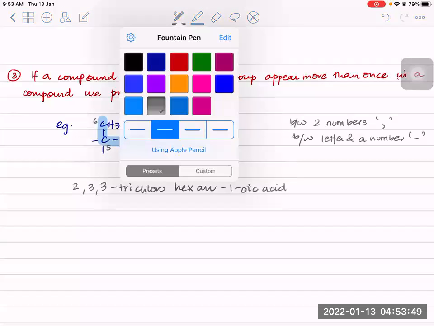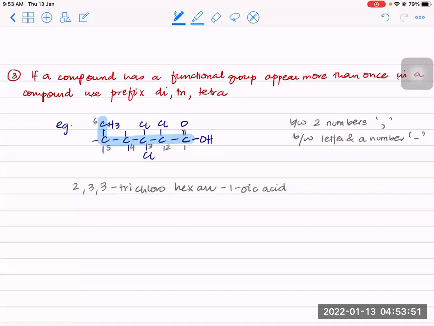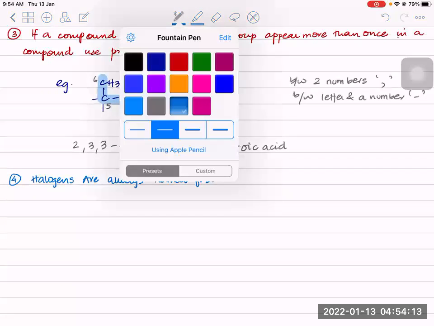Now, there's also another rule, which is that halogens are always named first. These are the least important, but they are always named first. If in a compound you have halogen and other functional groups, you always put the name of the halogen first. Clear? Let's see rule number 5.